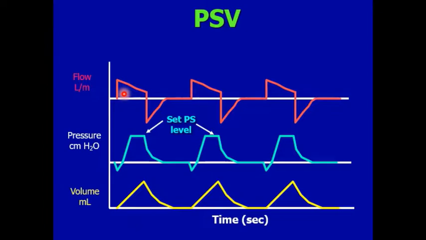The cycling occurs whenever this flow rate decreases to 25% of the peak flow. So this is the peak flow, and whenever it decreases to 25%, the expiration starts. So this should not be confused with inadequate inspiratory time.